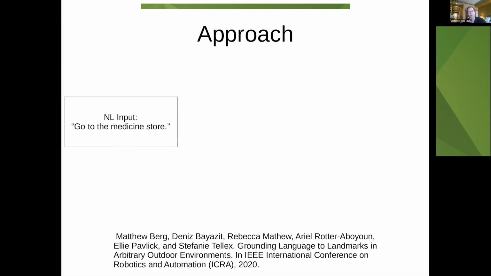What we used to solve this problem is a technique from the NLP community called CopyNet, where if you say something like go to the medicine store, the CopyNet model will take the sentence and extract LTL, but recognize that the phrase the medicine store is a landmark, a noun phrase, and pull it out of the sentence in quotes.